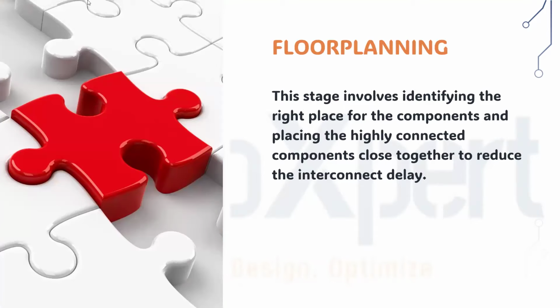It is the step that involves identifying the right place for each component. What are the components? The RAMs, ROMs, analog to digital converters, PLLs, which are the clock generators, USB connection ports, and predefined IPs, intellectual properties, like that. All of this has to be properly placed in a chip.